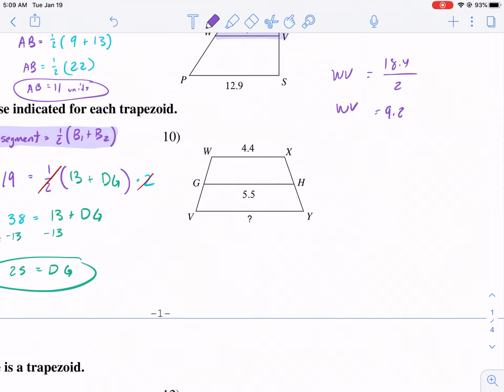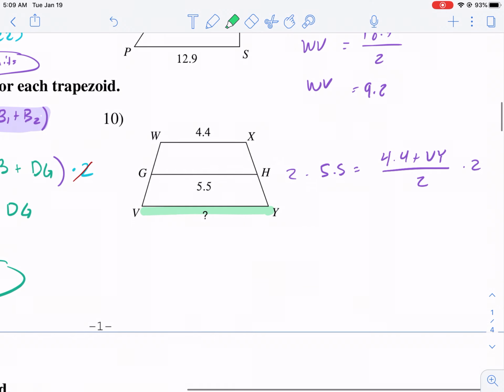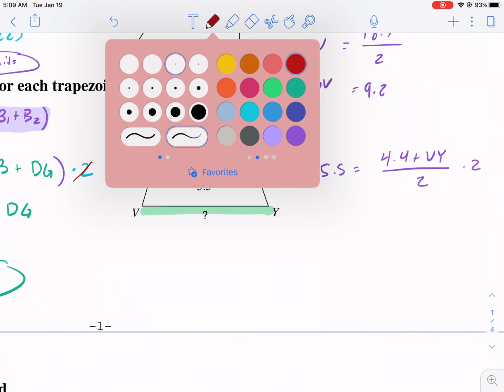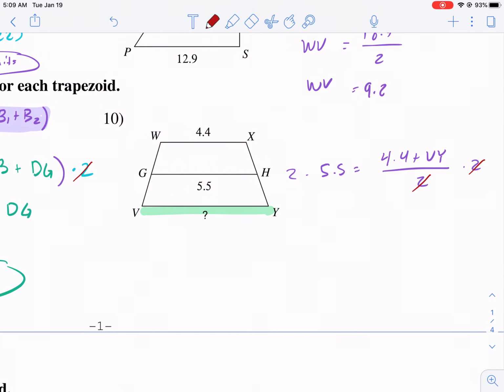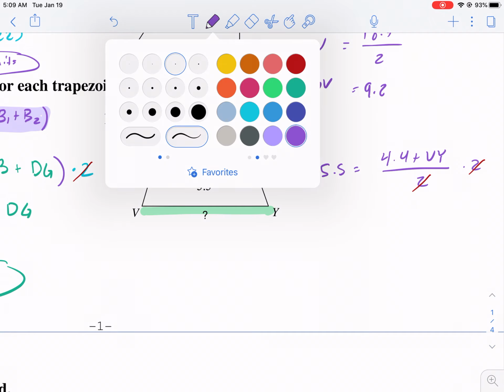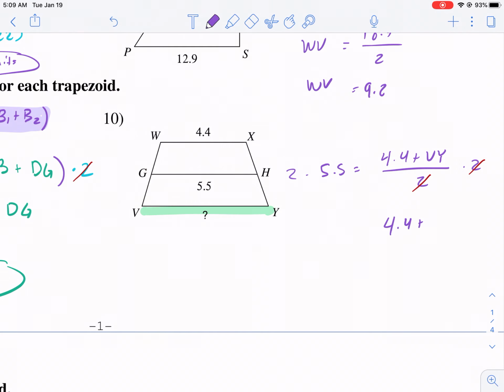Same thing here. We're going to have 5.5 equals. I'm going to write it a different way this time. Base 1, 4.4, plus VY, our base 2, divided by 2. First thing you're always going to do, if you're solving for one of the bases, in this case we are, and we're given the mid-segment, is you're going to multiply by 2. And the reason why you do this is so you can cancel out. And then you're going to be left with 4.4 plus VY, and that's going to be equal to 11.